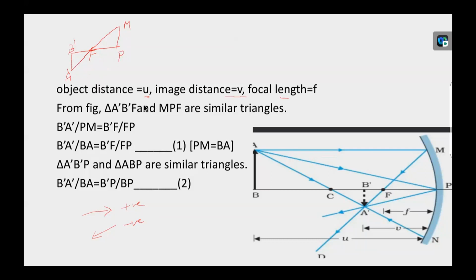These two triangles are similar triangles. Similar means they have the same shape. That means they are in triangle shape, and the ratio of sizes will be the same.